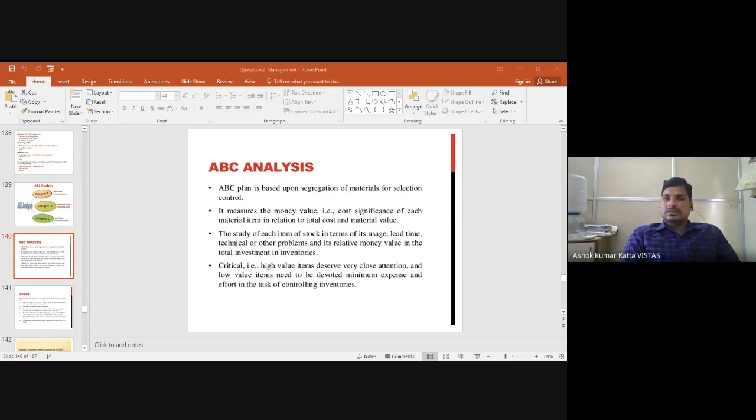And one more thing: the high quality materials involve buying by top level management. Top level management will show much more interest in buying high quality materials, as we'll see in the next slide so that you will be able to understand it.